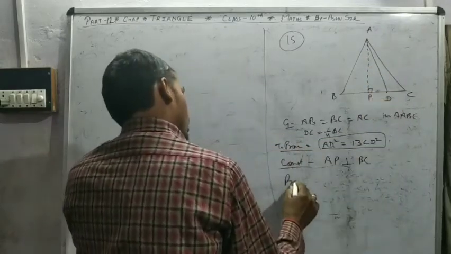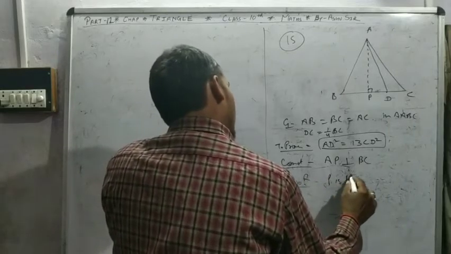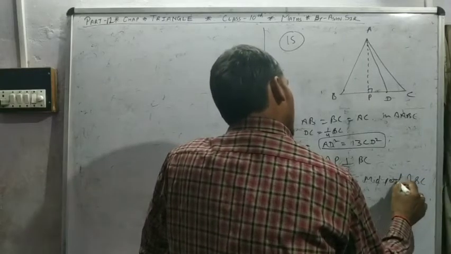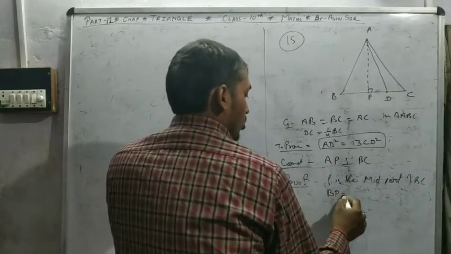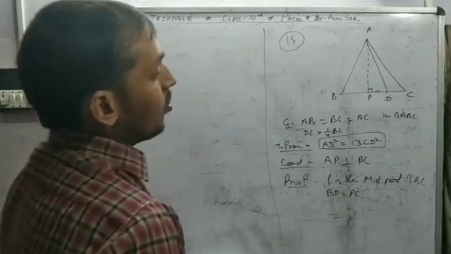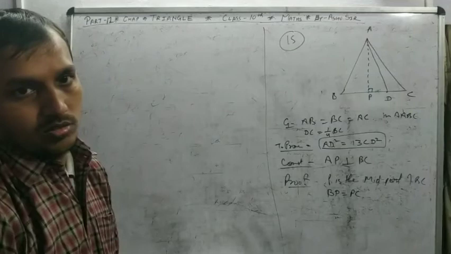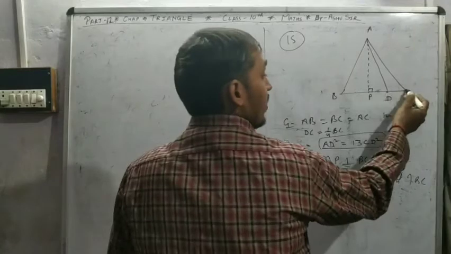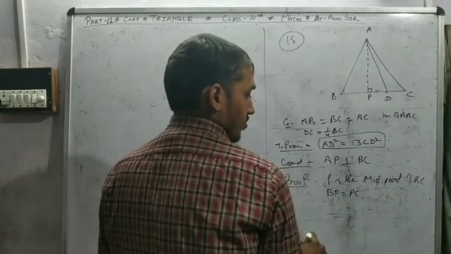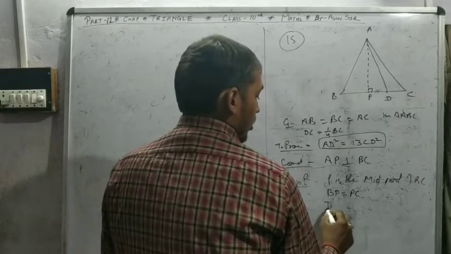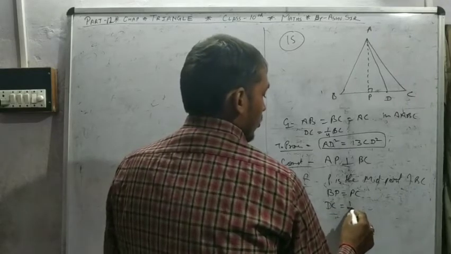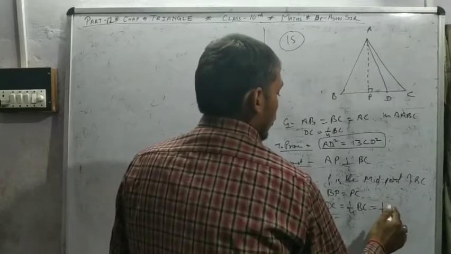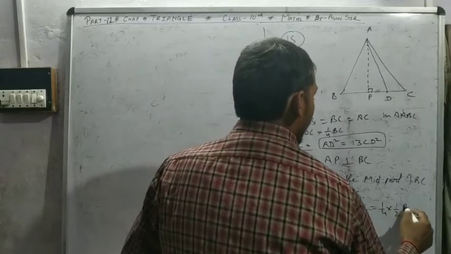You know, P is the midpoint of BC, means BP equal to PC, because the perpendicular bisects the base of an equilateral triangle. And DC is 1/4 of BC. So you can write DC is equal to 1/4 of BC, that means 1/4 of twice PC.